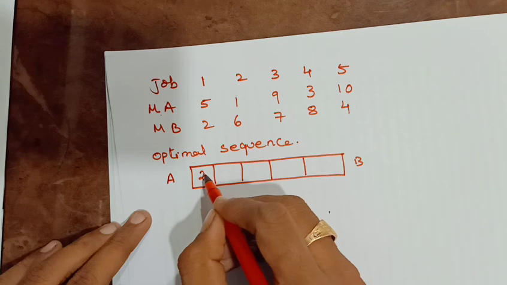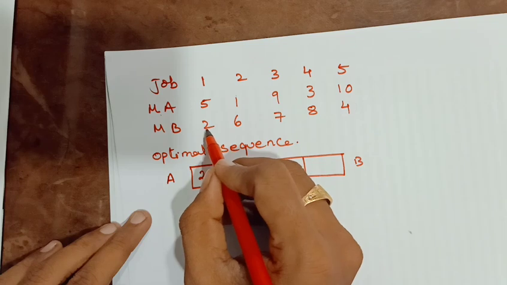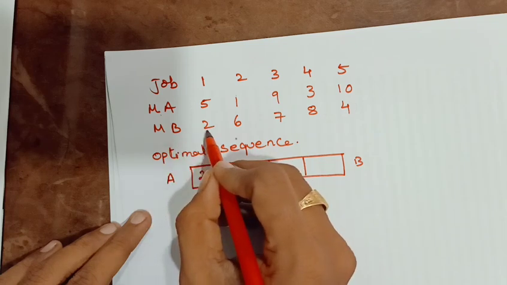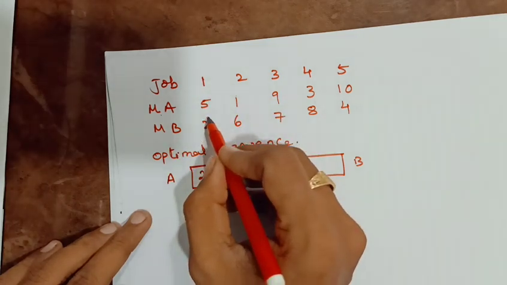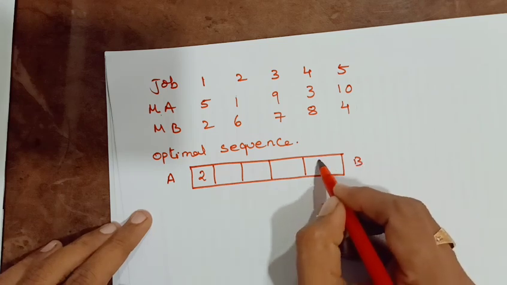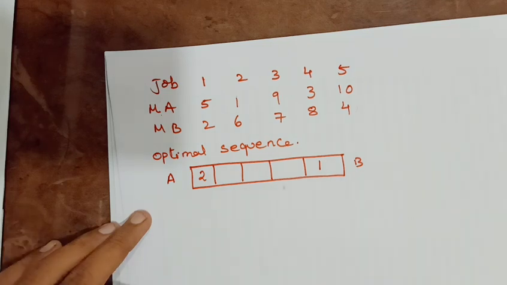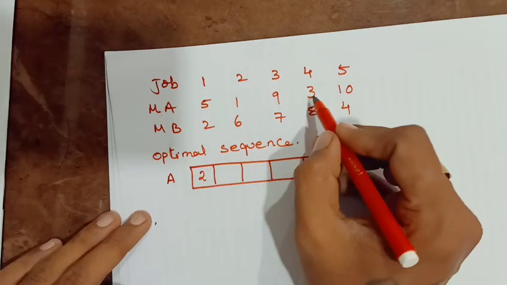The second minimum value lies in machine B where job 1 is there. So job 1 goes in machine B, at the end. Simultaneously, 1, 2, 3.